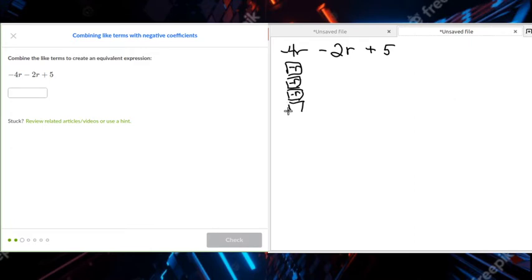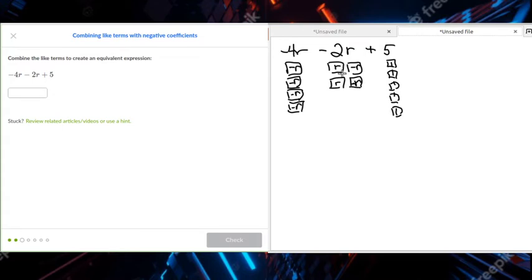I'm going to use these, pretend they're like blocks, right? So there it is, minus 2r, but I really don't have 2 r's to get rid of, so I'm going to add some 0 pairs here. Negative r and plus 5. 1, 2, 3, 4, 5.